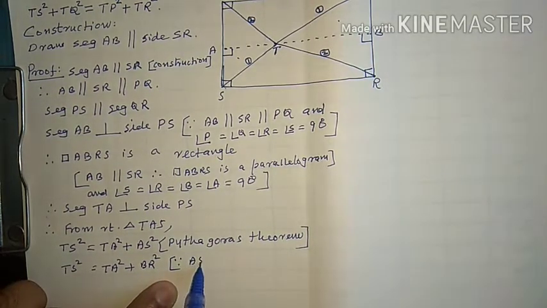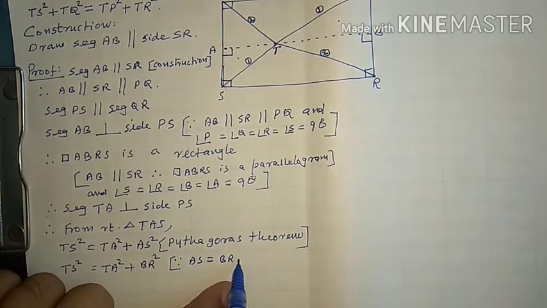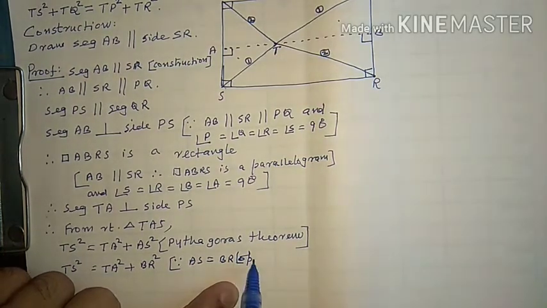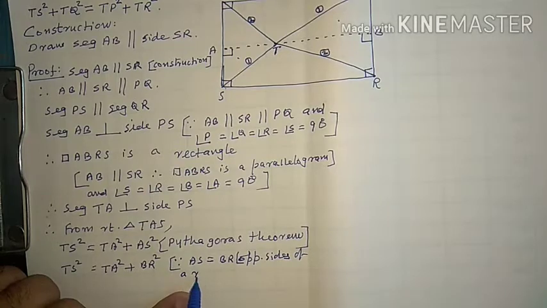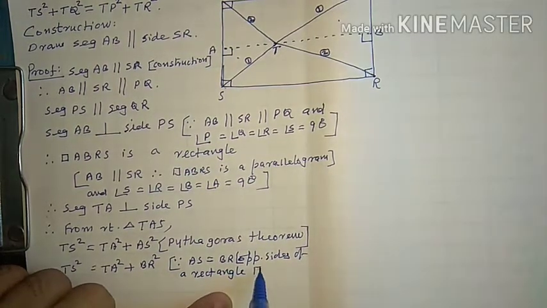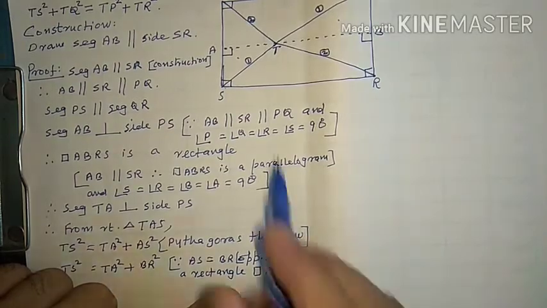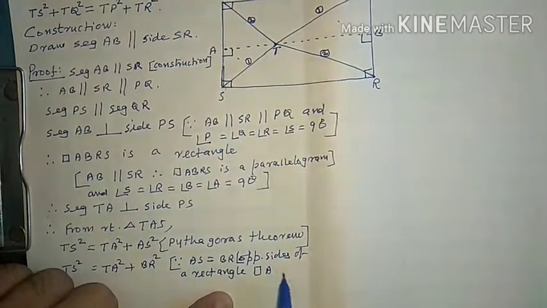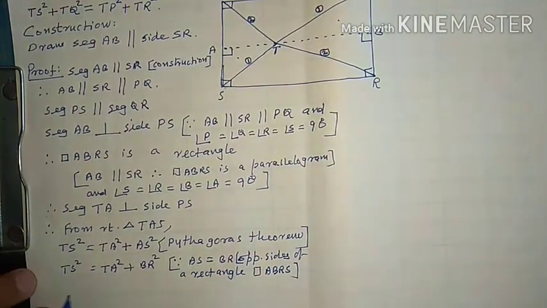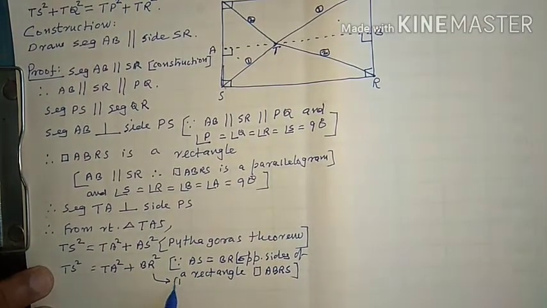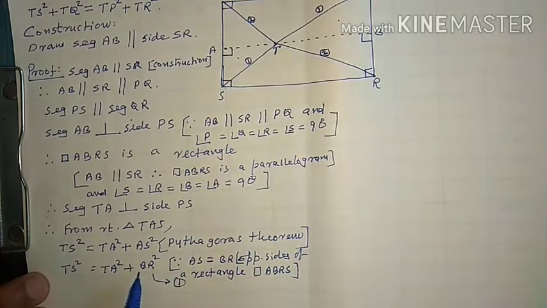Since AS is equal to BR, opposite sides of a rectangle. Which rectangle? ABRS. This we consider as equation 1, result 1.